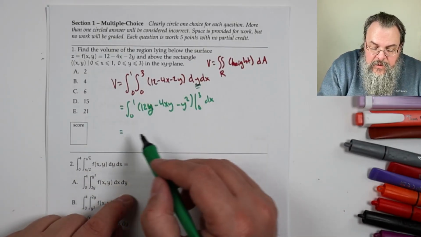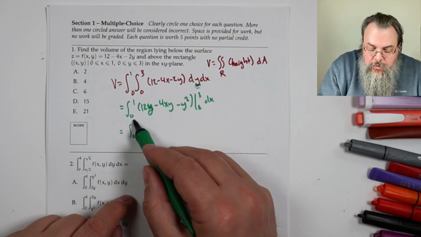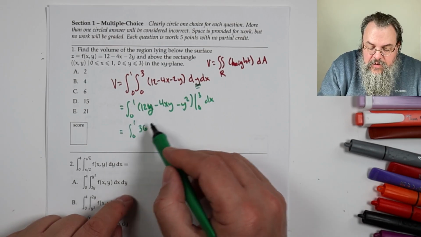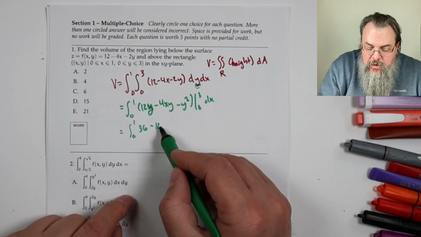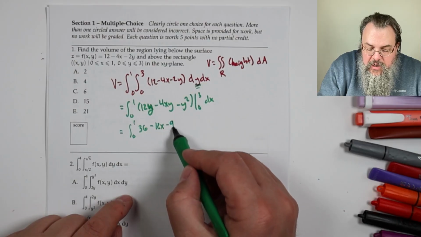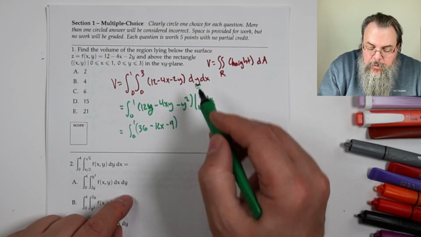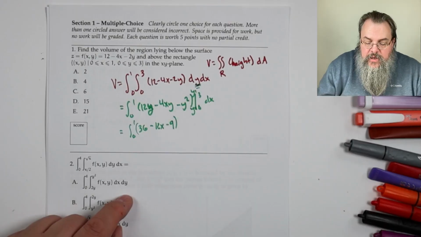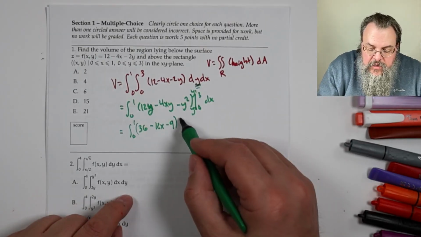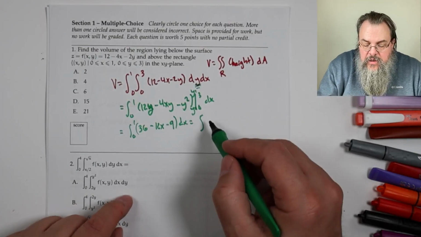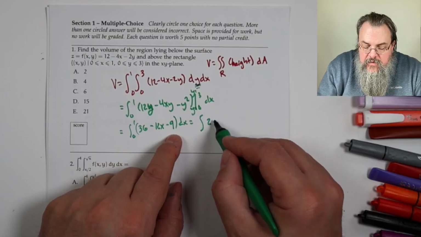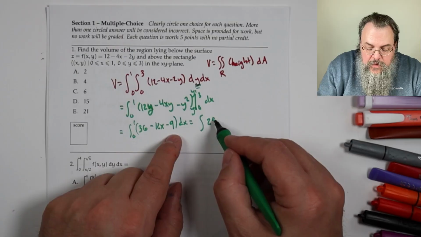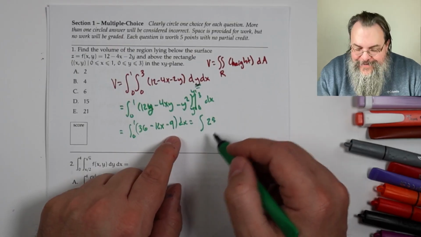What do we have? Well, we're going to get integral 0 to 1, 36 minus 12x minus 9, y equals 0 to y equals 3, dx. Well, this is the integral 36 minus 9. That's 25. That's not 25.